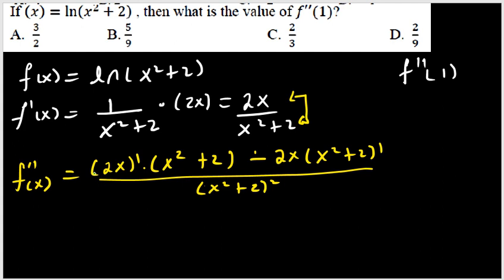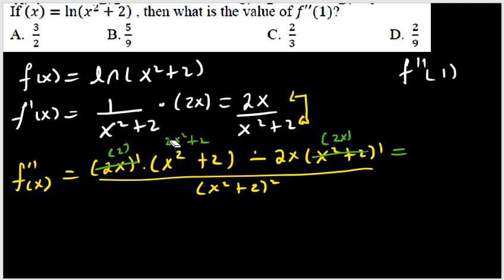So here the derivative of 2x will be 2, and the derivative of x squared plus 2 will be 2x. When you finish it, the 2 will multiply each of them, so we'll have 2x squared plus 2. Here we'll have 4x squared.